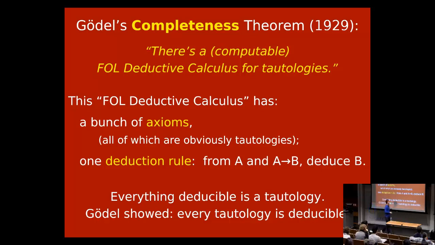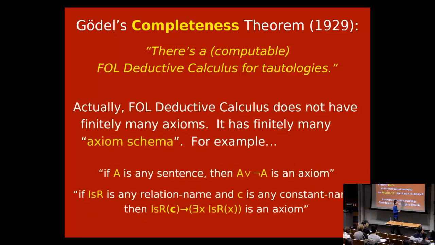One slightly annoying thing that I have to point out is that it's actually not just a finite list of initial objects, because then you would only be able to get not too many tautologies. It's actually a family of initial objects, a family of axioms. We'll see an example of that later.